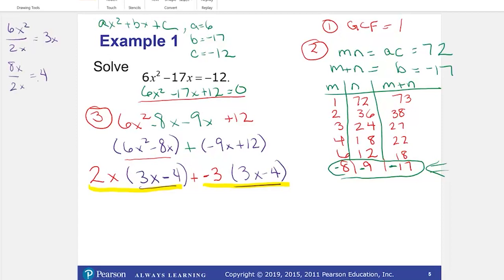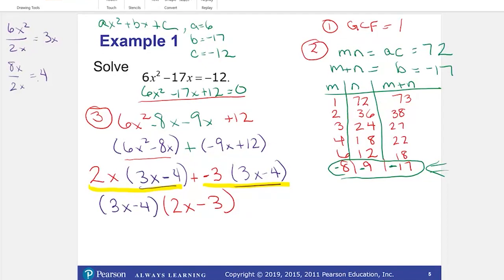So I'm going to factor out the thing that's in common to both terms, which is 3x minus 4. And if I factor that out of the first term, I'm going to get 2x. And if I factor it out of the second term, I'm going to get plus a negative 3 or just minus 3. So notice I've now factored it.